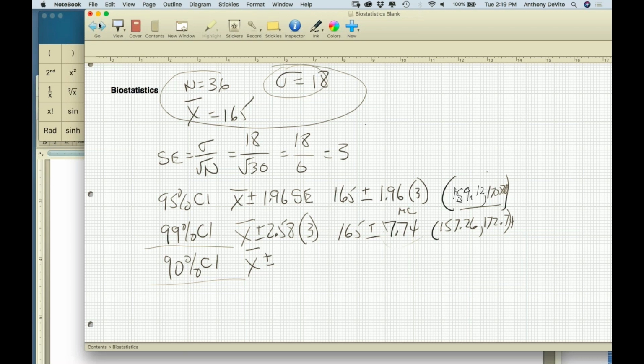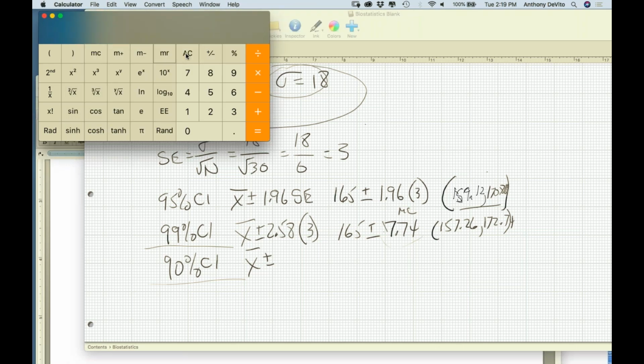And I'm gonna work in the background here so we don't kill too much time. So what is it gonna be? 1.64 times 3. Okay, let me clear memory, add this to memory. Clear that.